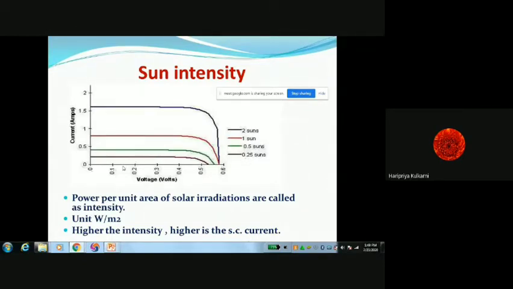Then let us say this is the curve wherein we are getting only 0.25 ampere of current. If we get 0.5 sun, we get this much current. Likewise, the more the intensity, the more current we can get. So our IV characteristics remain the same, only they get shifted upwards with an increase in intensity.